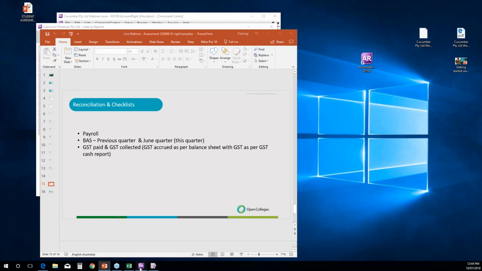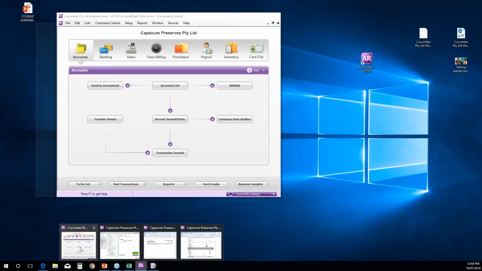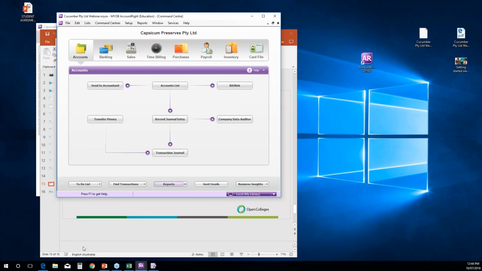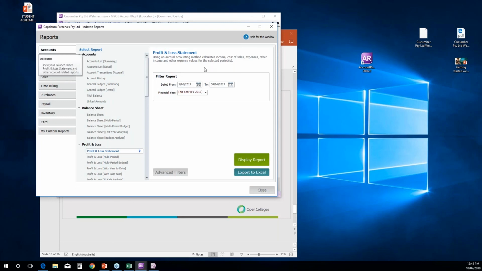Sometimes you ask, how do you calculate the March pay-as-you-go installment? But we have no information on the pay-as-you-go installment. So all you have to do, whether it has been recorded correctly or not, is go to Reports and have a look at the profit and loss statement of April, because of the March quarter.